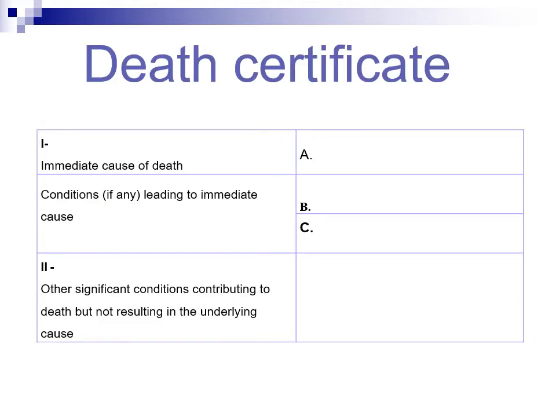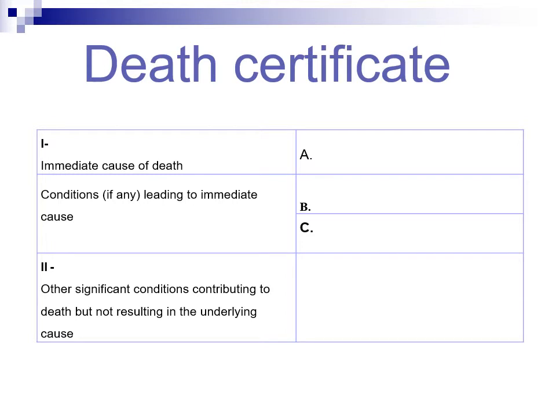The second part is the main part of this certificate, done by the doctor, including two parts. First part, the immediate cause of death, which is A, and conditions, if any, leading to the immediate cause, including B and C. So, C causes B and B causes A, which is the immediate cause of death.